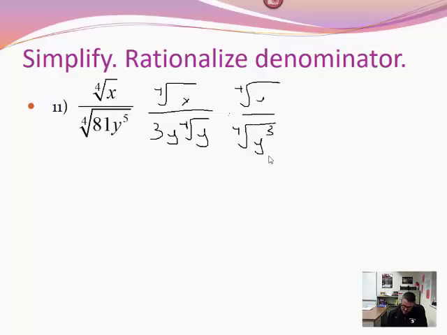That's our rationalization. And that will give me, in my denominator, 3 and this y out in front. The fourth root of y times the fourth root of y cubed becomes y, so it becomes y squared. And then in the numerator would be the fourth root of x y cubed.